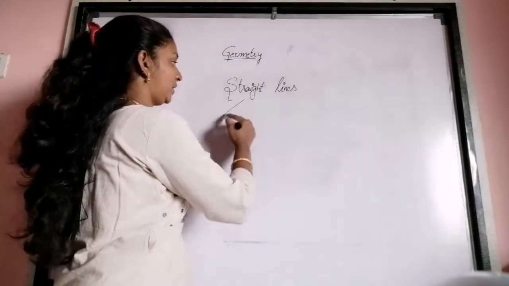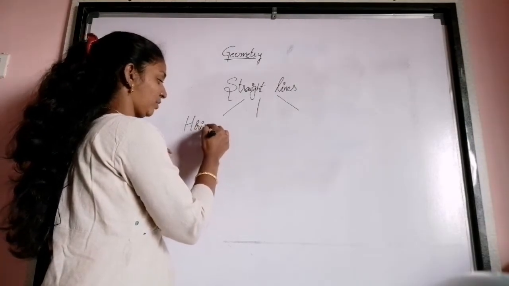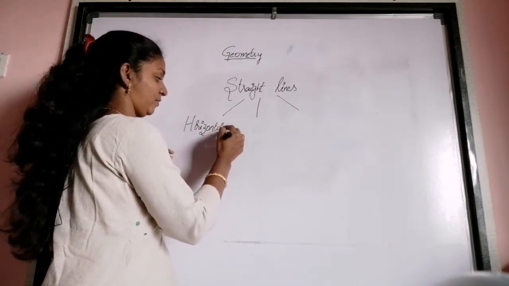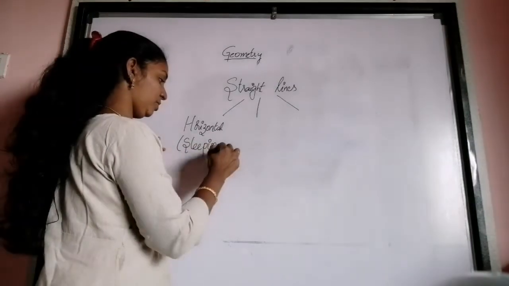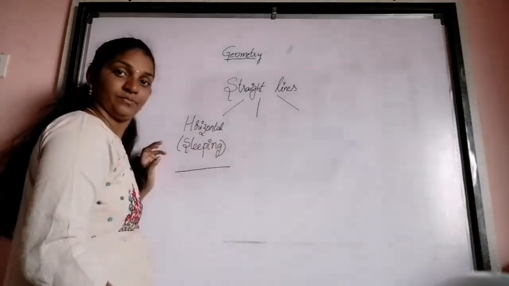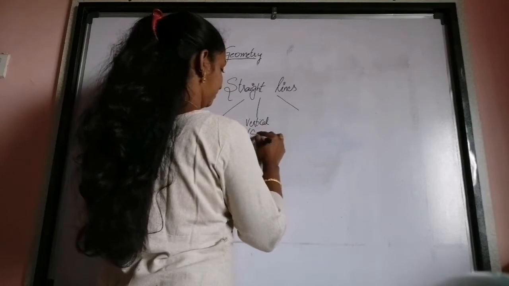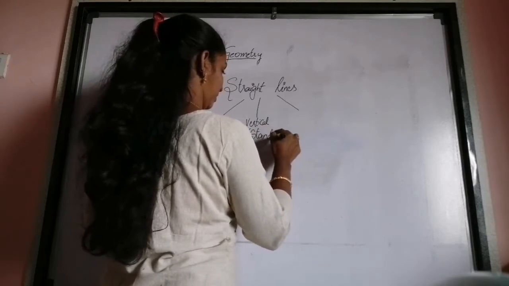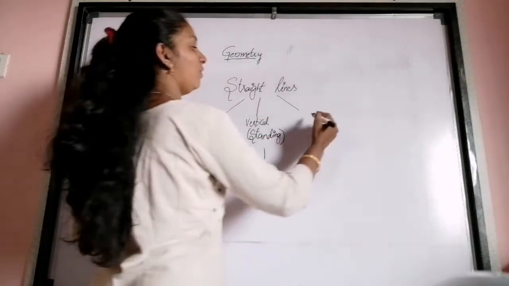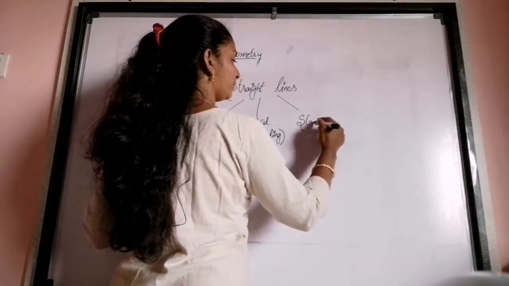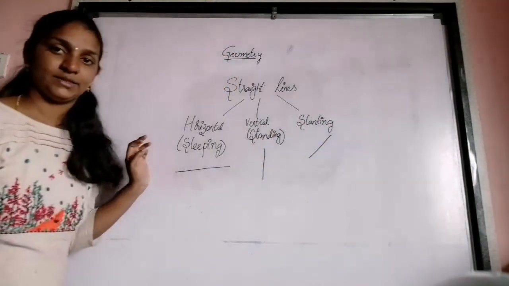Straight lines are of three types: horizontal or sleeping, that is like this; vertical, or standing like this; or slanting, like this.